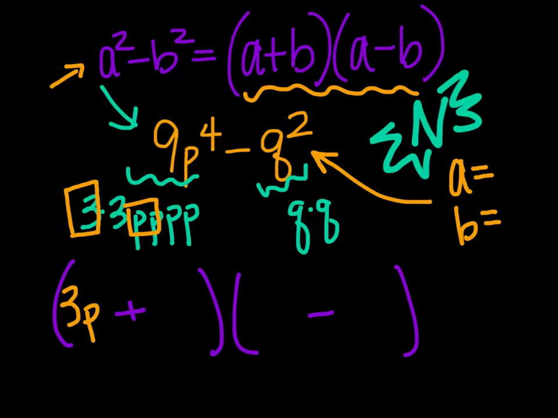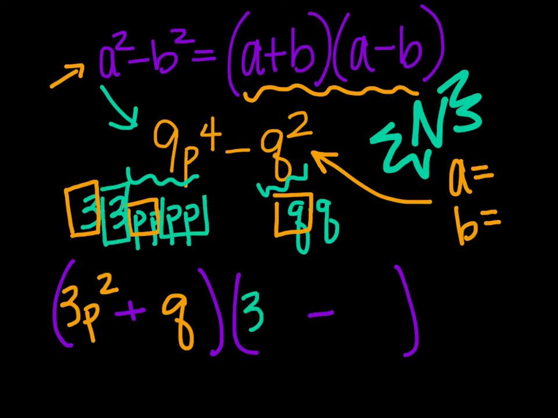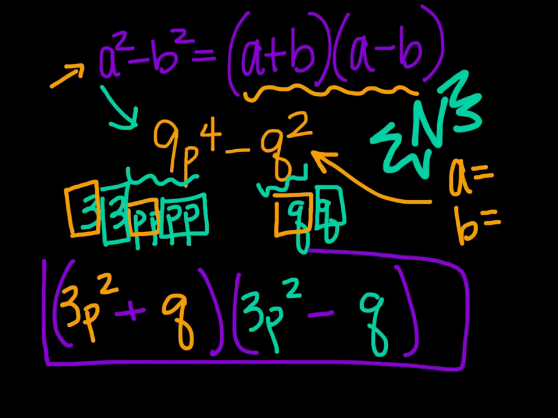So I have p squared. And I'm going to take one of these q's and put it on this side. As well, I'm going to now take a 3 from this side and the last 2 remaining p's, and the last remaining q over here, and put q there. So here, technically, I think, let's check, is my final answer.